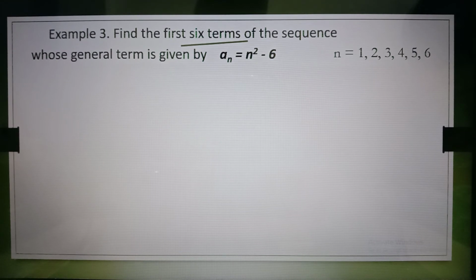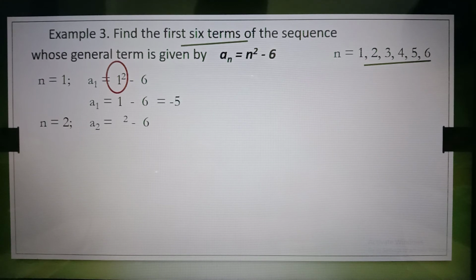So, in solving, when n is equal to 1, a sub 1 equals 1 squared minus 6. So, simplify muna natin ang 1 squared bago tayo mag-subtract. So, 1 times 1 is equal to 1, or 1 minus 6 is equal to negative 5.